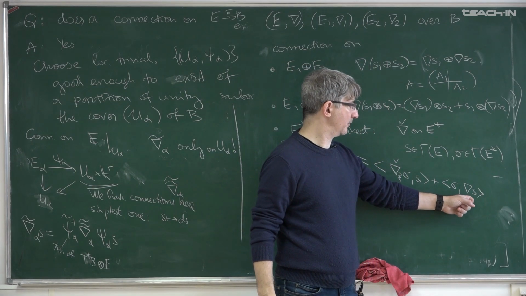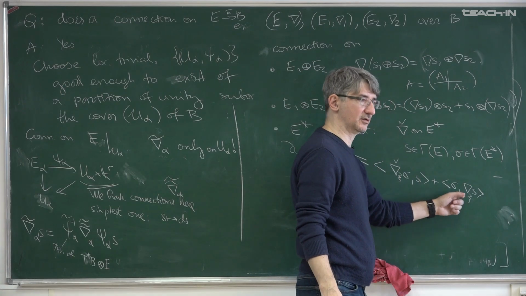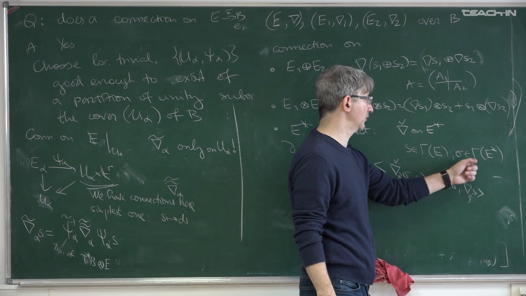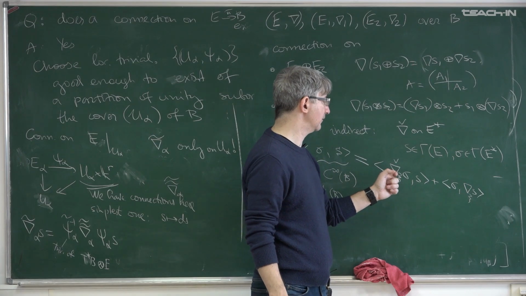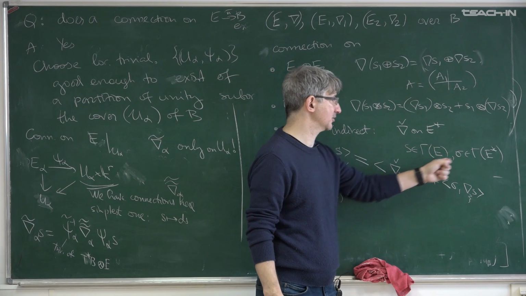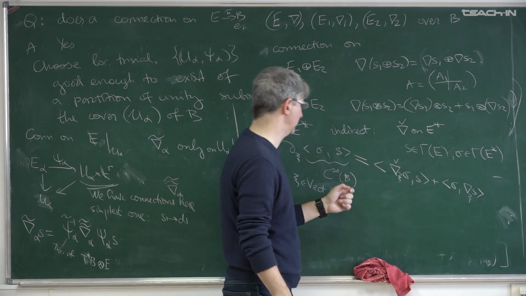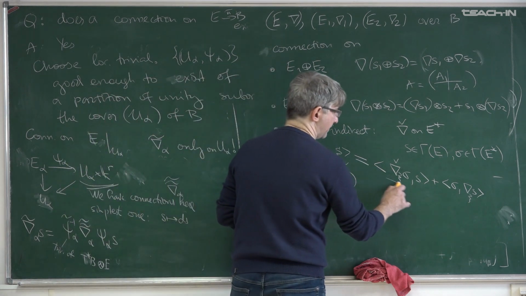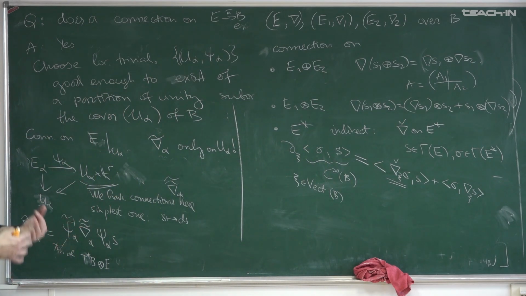So you take the derivative of S along the vector field psi, you obtain a section. Then you can calculate the value of what? The value of a section of the dual vector bundle. And here you have the value of the derivative of the section of the dual vector bundle on the section of the initial vector bundle. And they are related by this formula. So this is the indirect definition for this thing. This is an operation which satisfies this property.